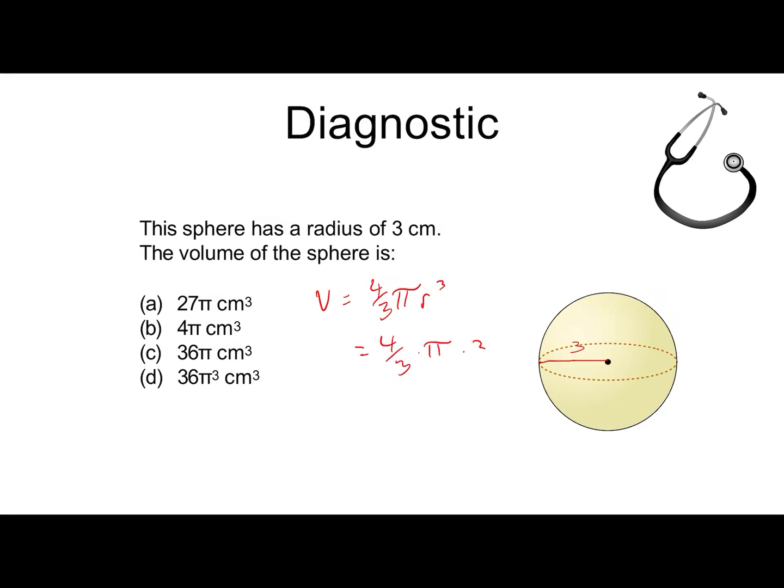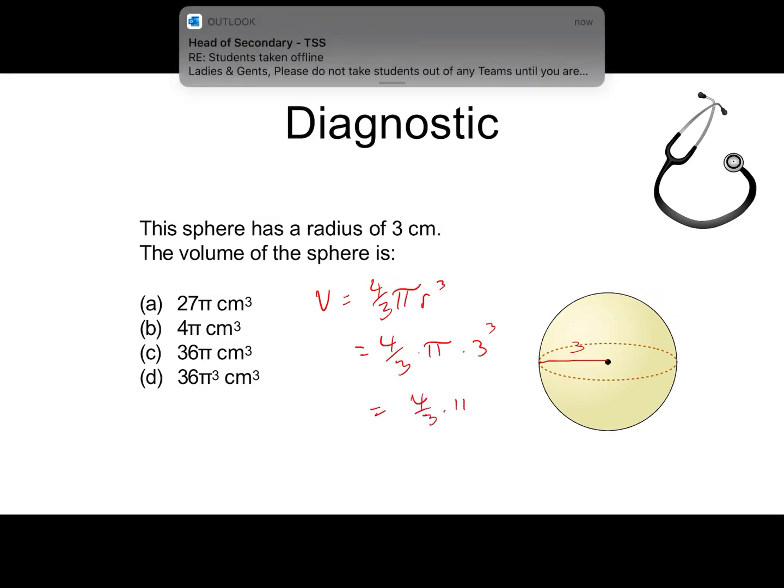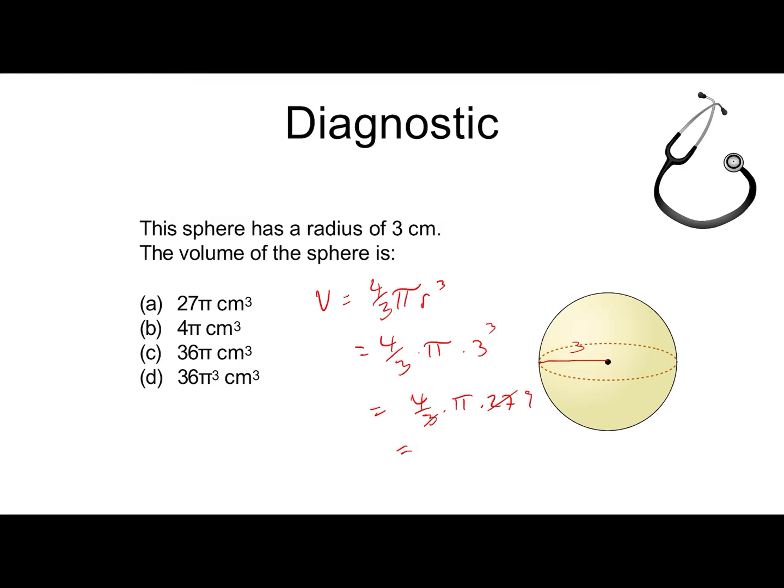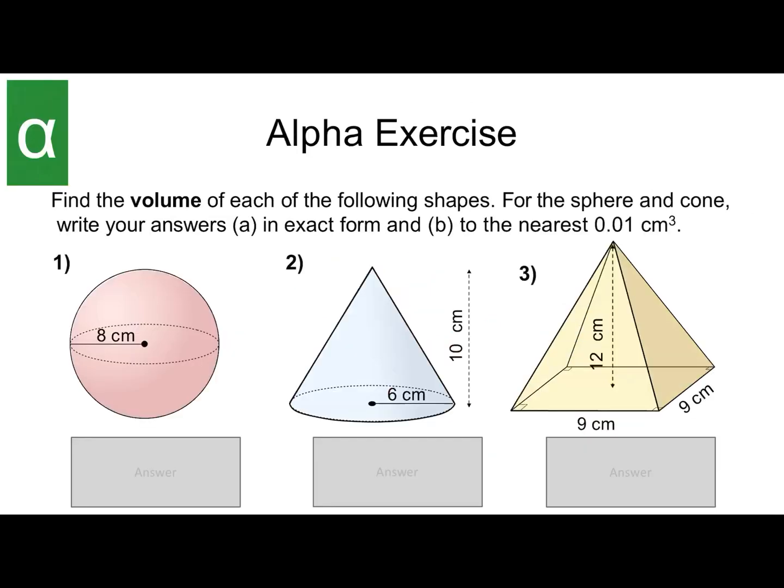So it's 4/3 times pi times 3 cubed, which is 4/3 times pi times 27. Bit of quick maths here. I can cancel off that with that. It becomes 9. So 4 times 9 is 36 pi centimetres cubed. And so that is my answer there.